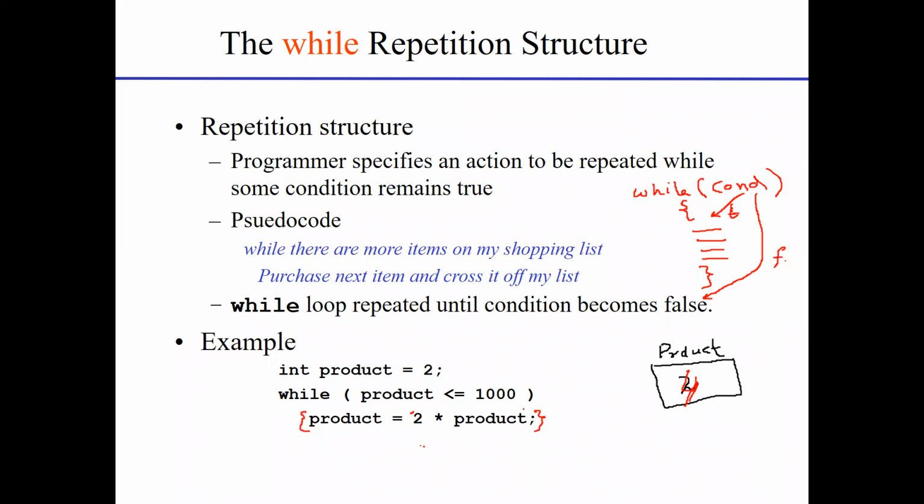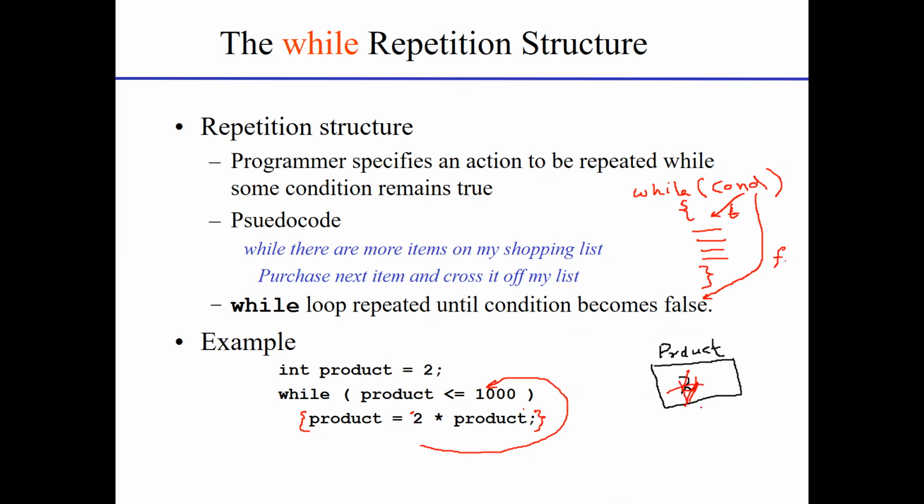It comes again and checks: product is less than 1000. Yes, it automatically moves to the first line of the condition. Yes, 4 is less than 1000. Again it comes here and does 2 multiplied by the product. Product is 4, and 4 multiplied by 2 becomes 8.